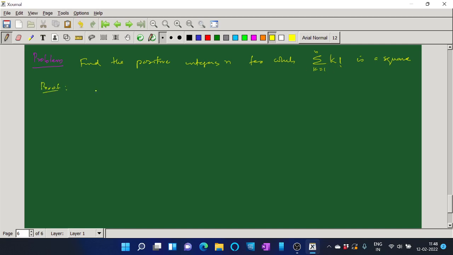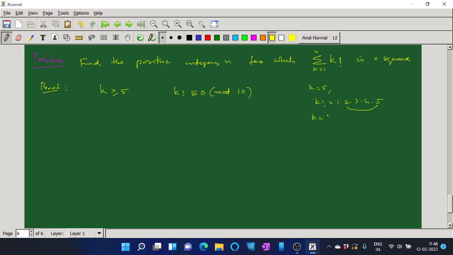Here also we know for any k greater than or equal to 5, k factorial is congruent to 0 mod 10. Because if you take at least k equal to 5, k factorial consists of 1 into 2 into 3 into 4 into 5, so there is a product 2 into 5, that is 10. So k factorial is a multiple of 10 for all k greater than or equal to 5.